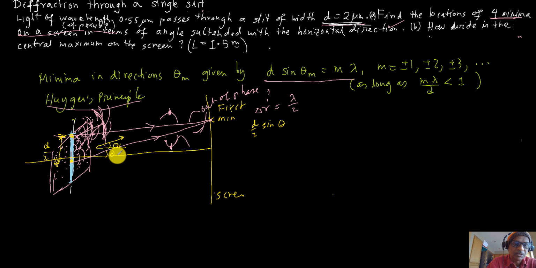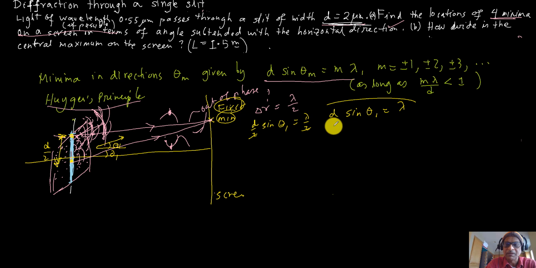Let's call this theta 1, the very first one I'm looking at. d over 2 sine theta 1 equals lambda over 2. And so d sine theta 1 equals lambda, and that's m equals 1. m equals minus 1 will be exactly like over here. So it's going to work out exactly that way, right?